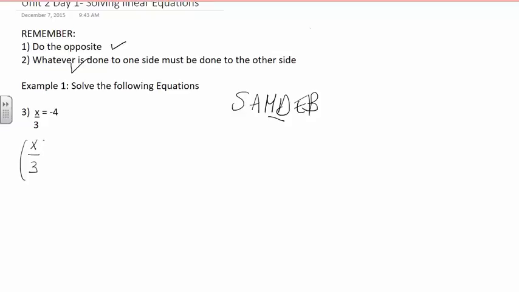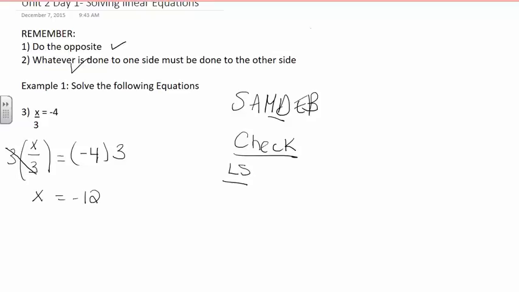So x divided by 3, we're multiplying that by 3, and we're also multiplying the other side by 3. Now we know that these two will cancel out, and we're just left with x equals negative 12. Now let's go ahead and do a check to make sure we solved for the right answer.